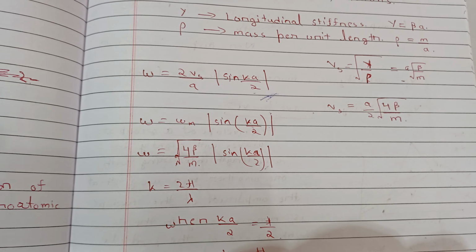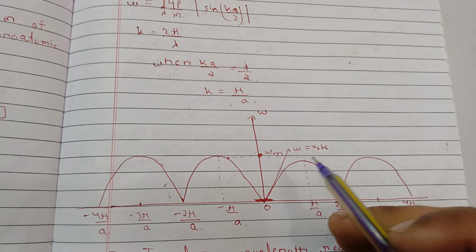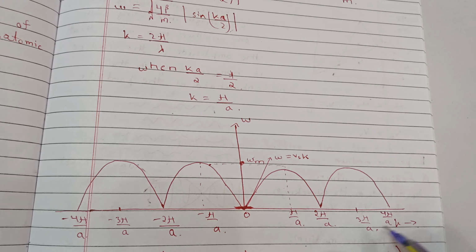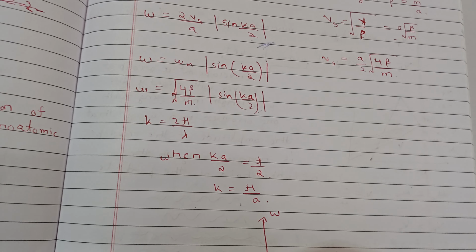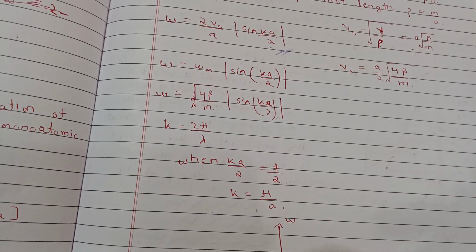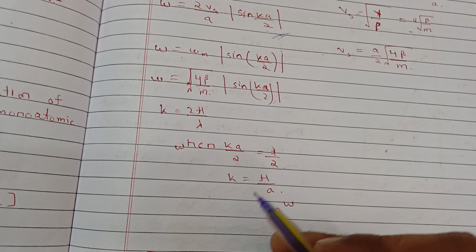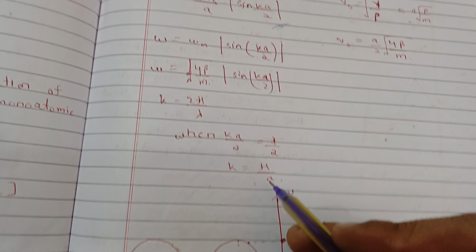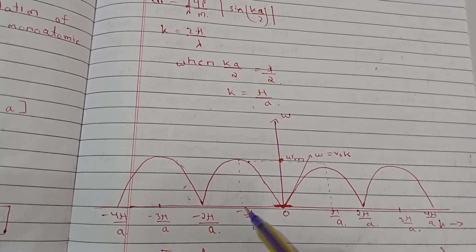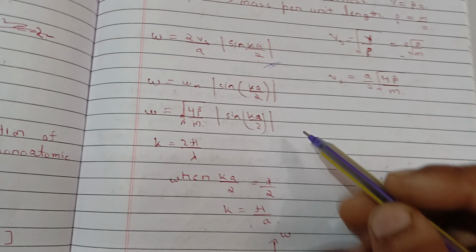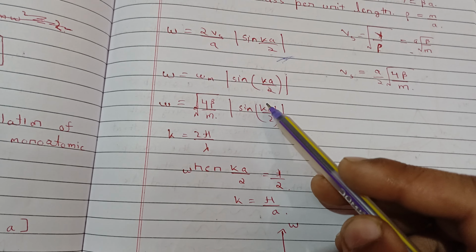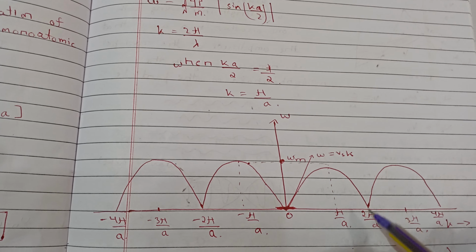So to plot, take omega on the y-axis, and on the x-axis we have k. Then for k equal to pi by a and minus pi by a, we will have the maximum value, and for 0 we will have the minimum value, so we will get this type of curve.